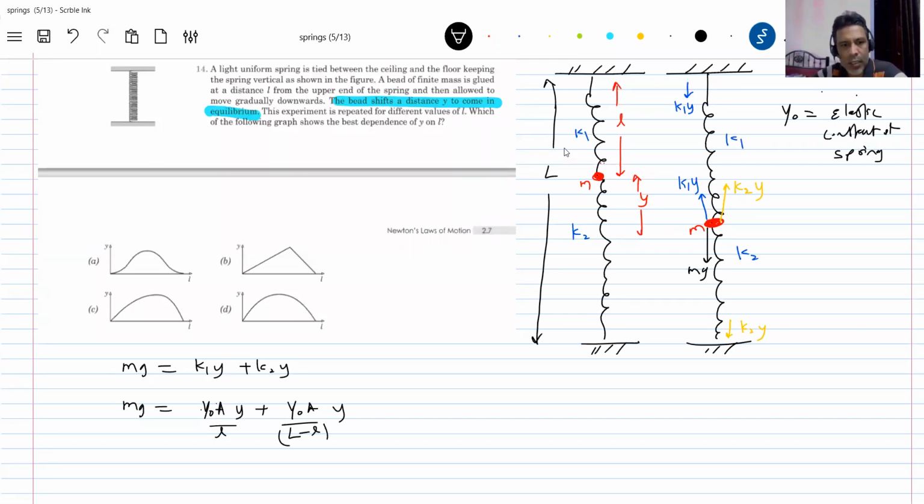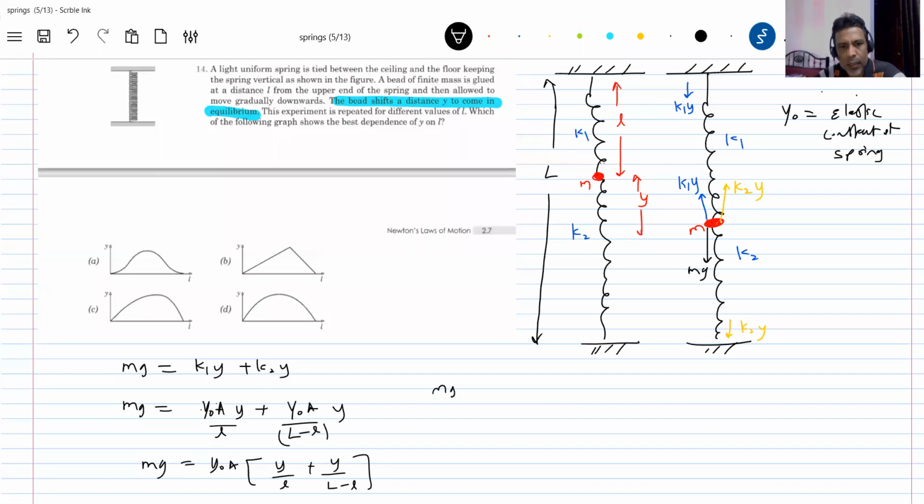So let me take this. This will be mg, equal to Y naught A, and Y also we can take common: Y by l plus Y by L minus l. So let's solve the expression for Y in terms of small l. That's what is being asked, which particular graph here.